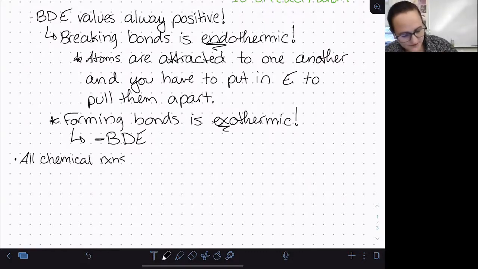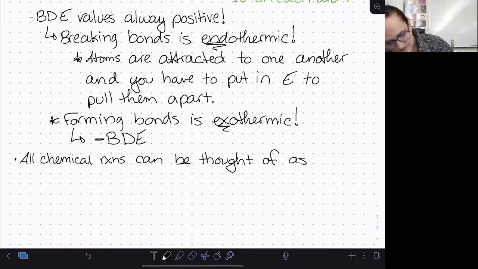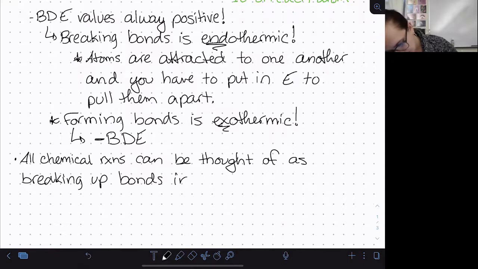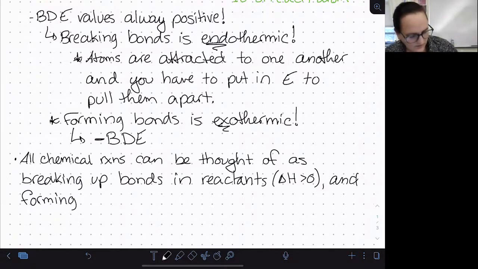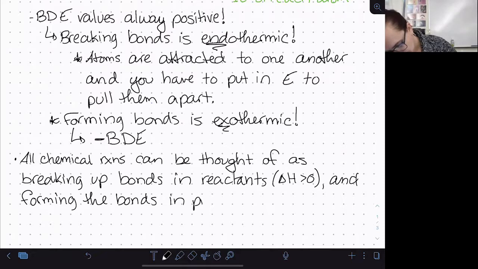So all chemical reactions can be thought of as breaking up the bonds in the reactants, which requires an input of energy, and then forming the bonds in the products, which releases energy.